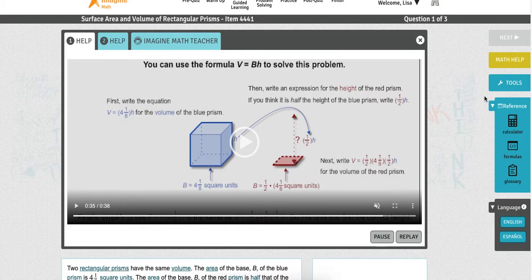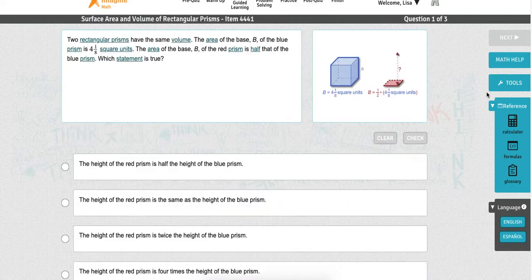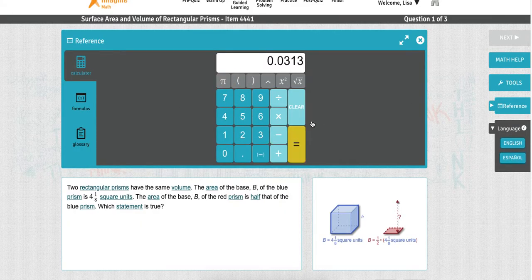Okay, so close my example here, and I'm going to click calculator so that you can see what I'm doing. And I'm going to do 0.5 times 4.125 times 2. Remember, I need this 4.125 or this 4 1/8 to come out at the end.